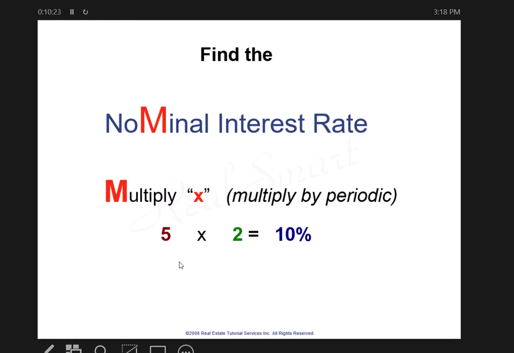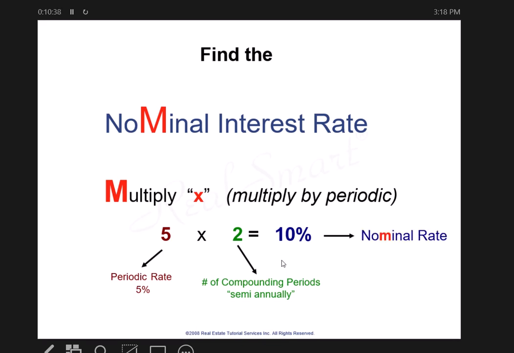This is a little clue. If we know 5% is our periodic rate, and we know that it was compounded 2 times per year, so J2, and we're trying to figure out what the nominal rate is, that's your 10%. So we multiply the periodic rate, that little rate they're charging you each compounding period, by the number of compounding periods, and that gives us back our nominal rate.